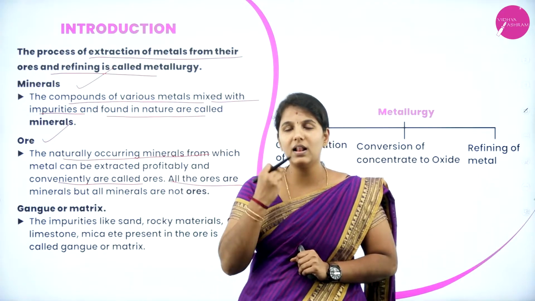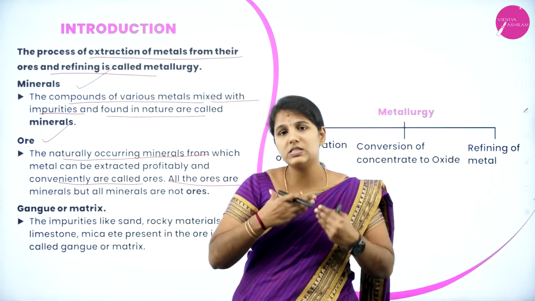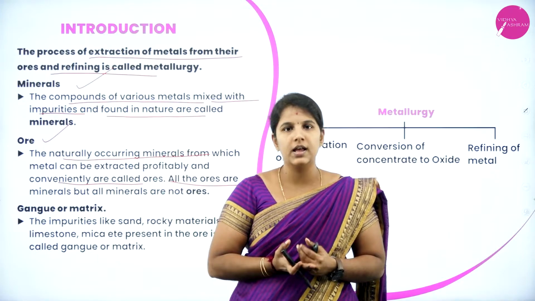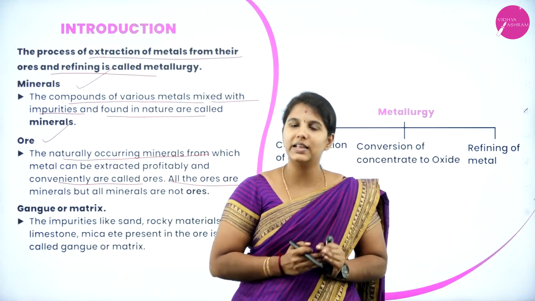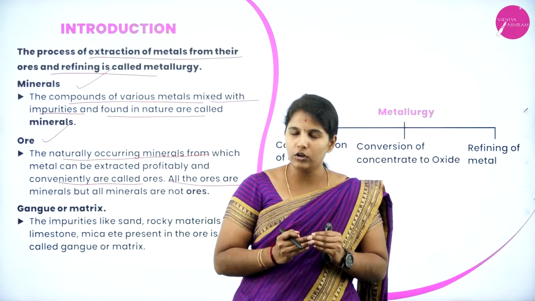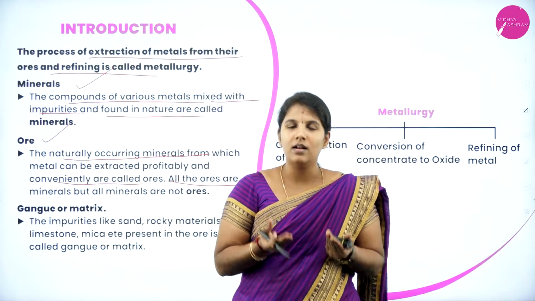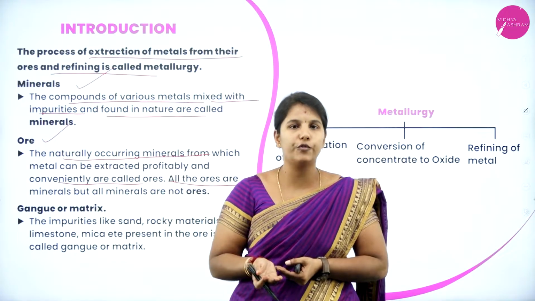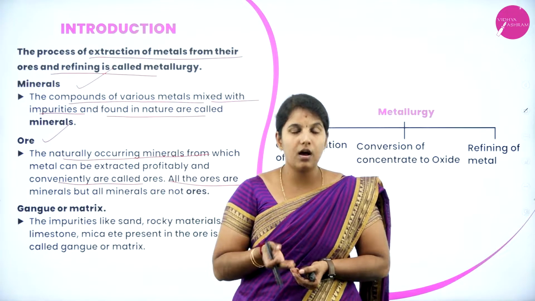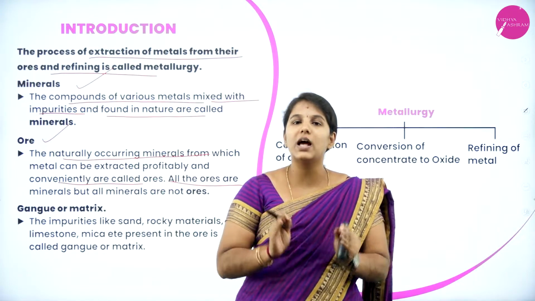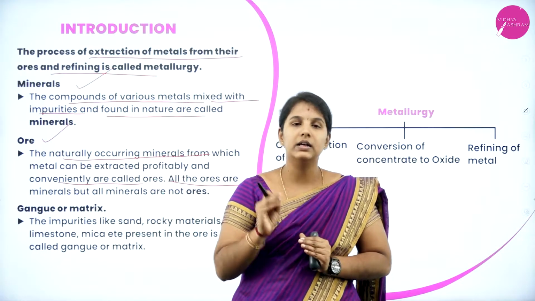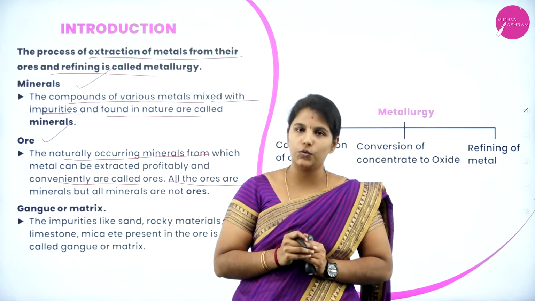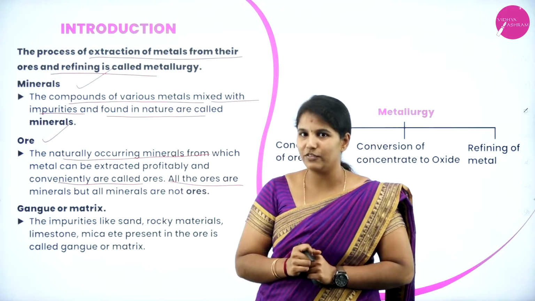Remember, mineral is a metal which is always bonded with impurities and always found in nature, whereas ore is a mineral from which you can extract the metal profitably. And almost all the ores are minerals, but the minerals are not ores. Hope you all understand my words.